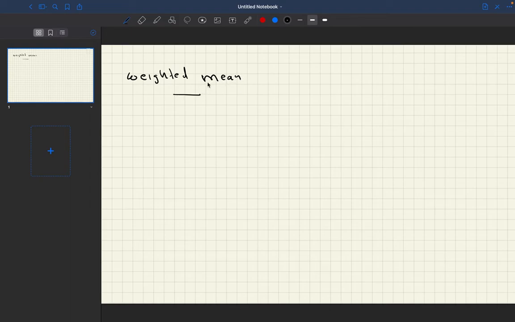Weighted mean has a formula. Let me first write the formula: x bar equals sigma i equals 1 to n of x of i w of i divided by sigma of w of i. The weighted mean is mostly used if you want to give some kind of weightage to some variables.